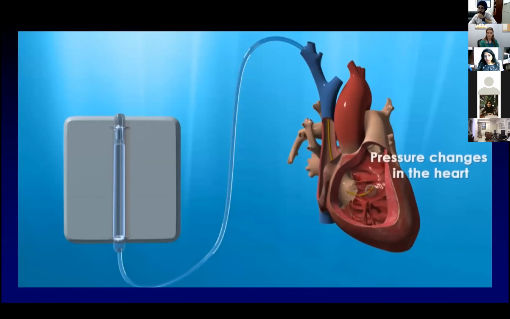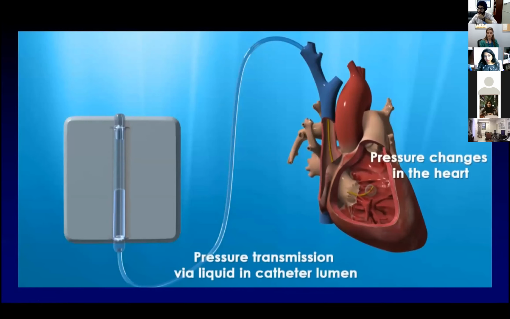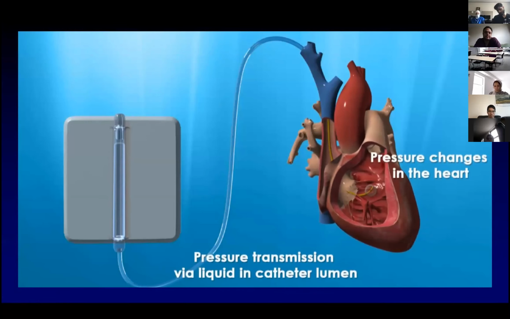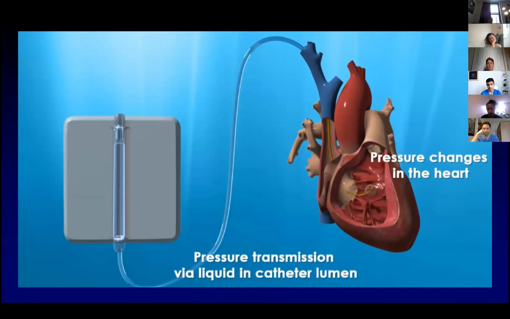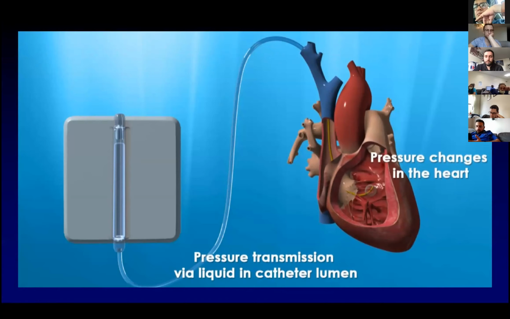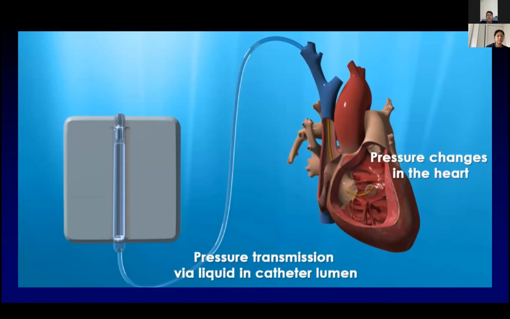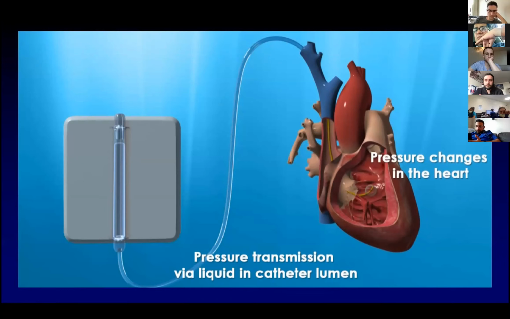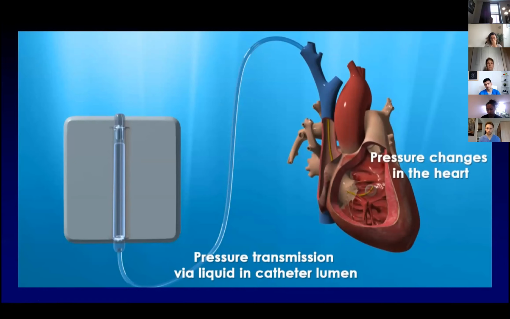And the transducer is a fluid-filled chamber, and the catheter is also filled with fluid. So the pressure changes that are occurring in the heart are relayed through this fluid-filled catheter, and based on the pressure, the fluid level keeps changing, and that is displayed in the form of an electrical waveform.